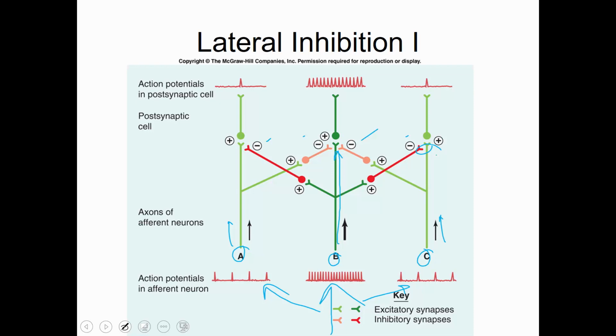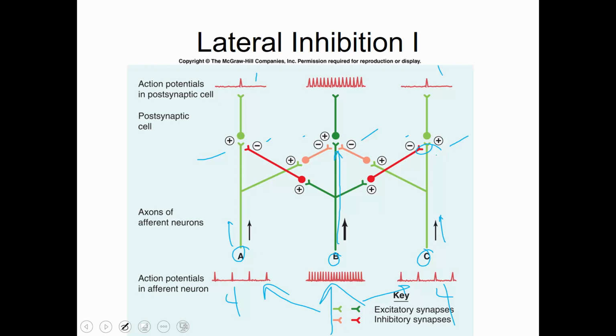So this is a presynaptic inhibition. And that reduces the neurotransmitter release at this neuron and reduces the neurotransmitter release at this neuron, so that in the second order neuron we only have 1 action potential. So we went from 4 to 1. And here again we went from 4 to 1.